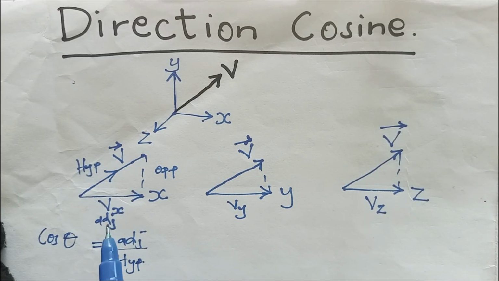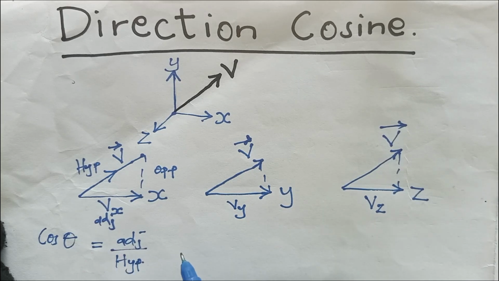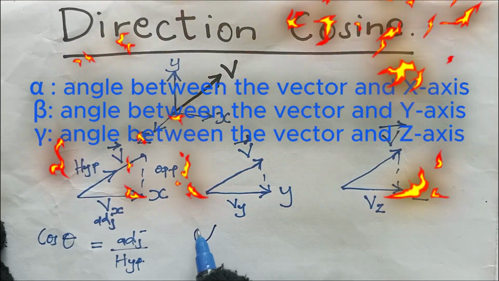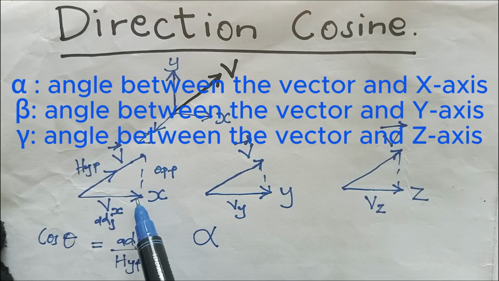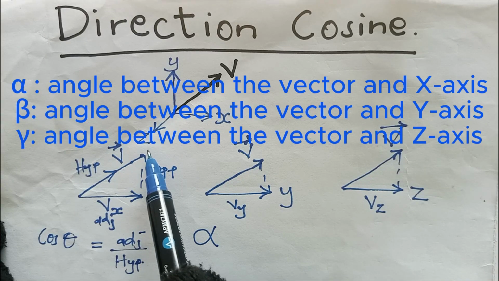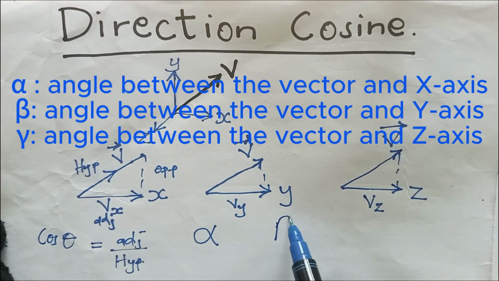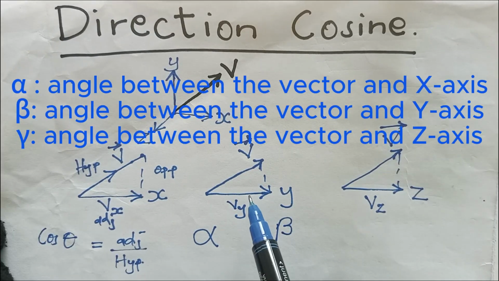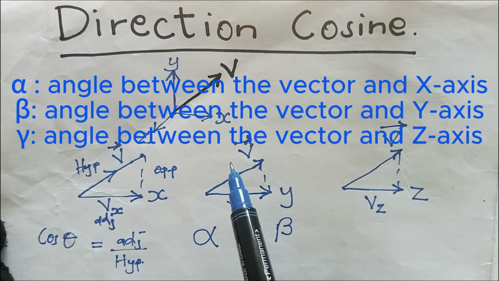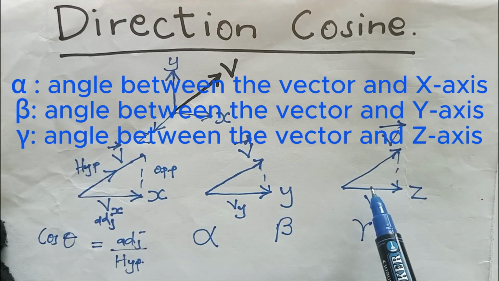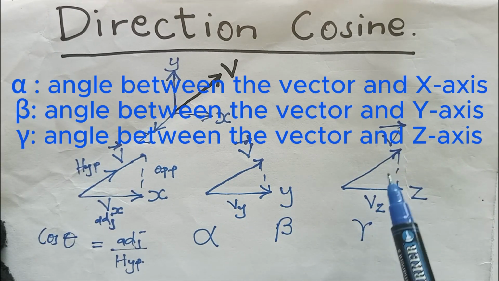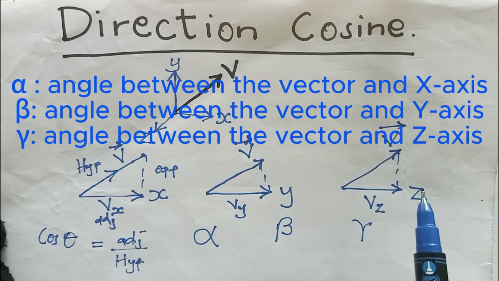And so, for our case, we usually say that alpha is the angle between the x-axis and the vector, beta is the angle between the y-axis and the vector, and gamma is the angle between the z-axis and the vector.